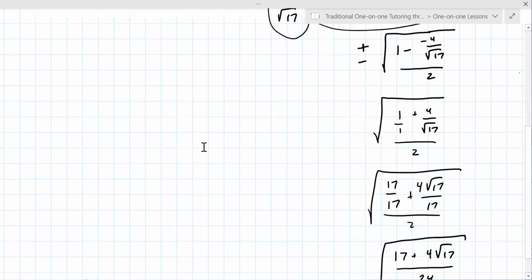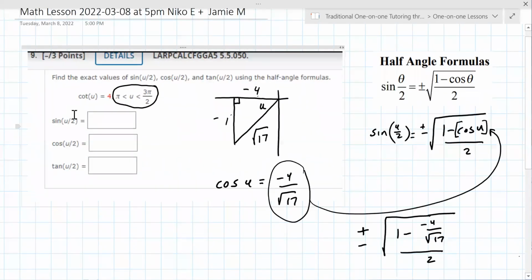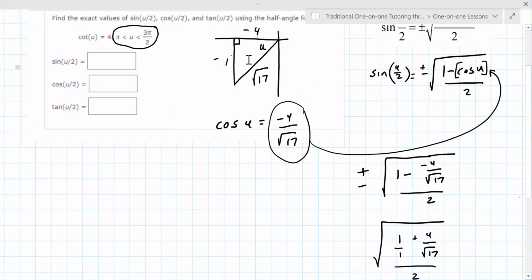Okay, so now to the issue of whether it's positive or negative. The way that I would do it is, if your u is in the third quadrant, which it is here, u is in Q3, that means it's somewhere between 180 and 270.